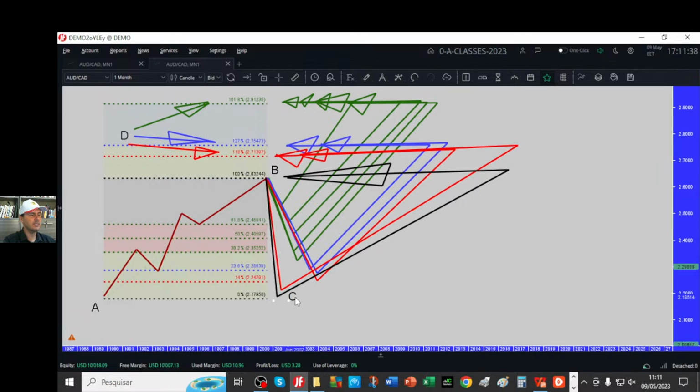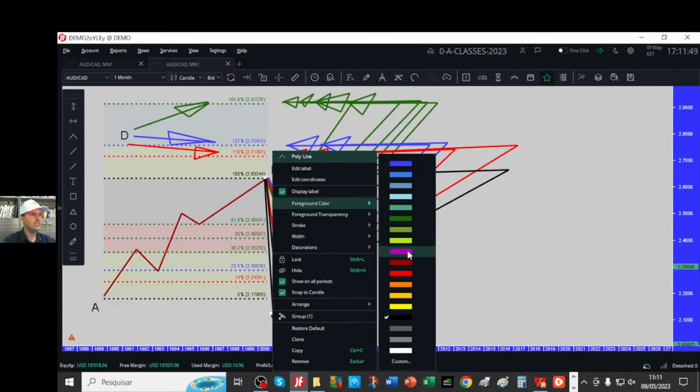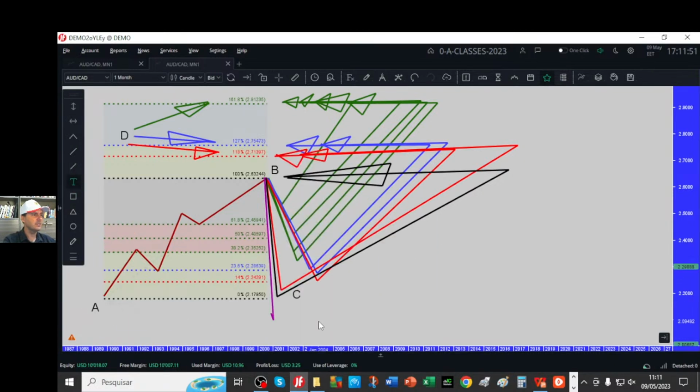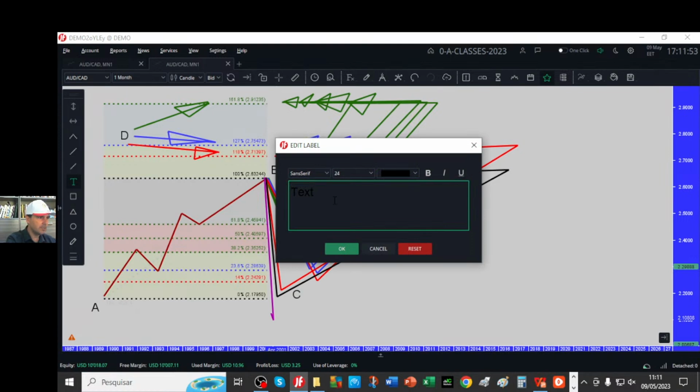So this is our C right now, right? And if the market breaks, whatever, down in here, so the market broke the A level, this Fibonacci is not valid anymore.